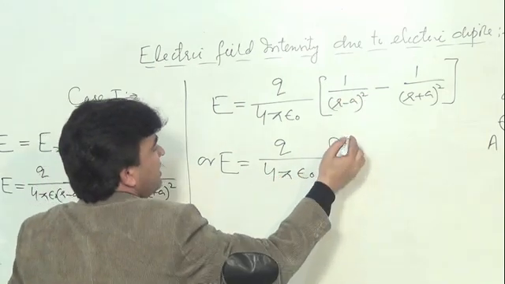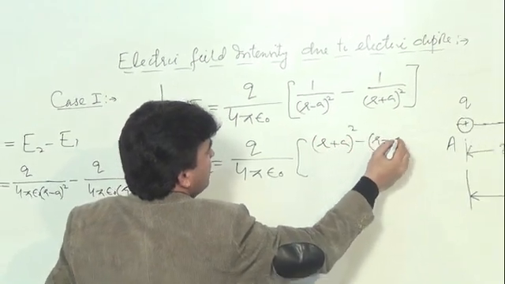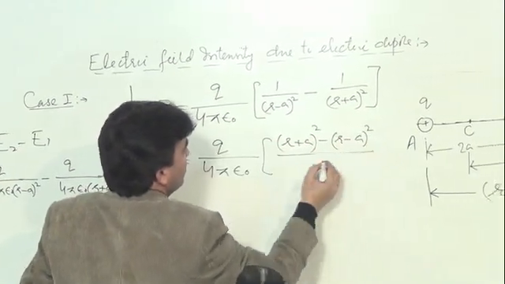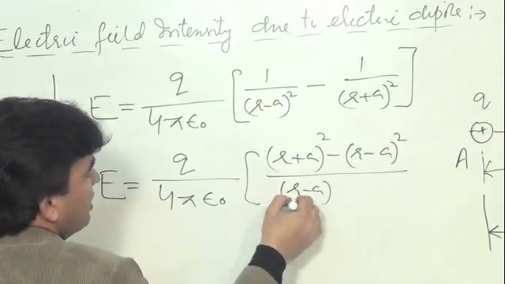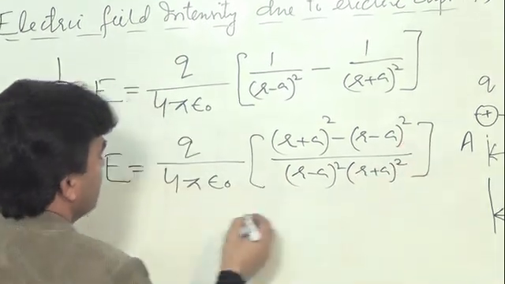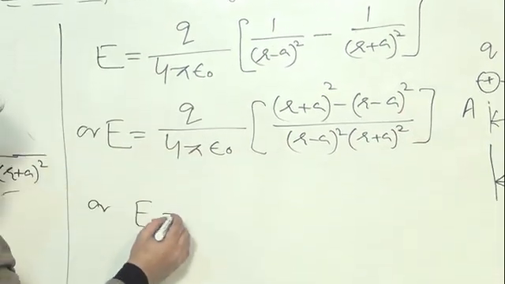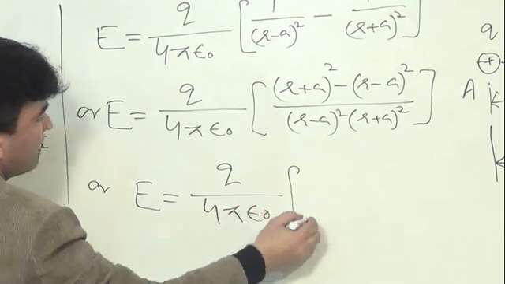Let us cross multiply it. It is (R plus A) whole square minus (R minus A) whole square, whole divided by (R minus A) whole square into (R plus A) whole square. I will write it like this: Q by 4 pi epsilon naught. Let us solve this.